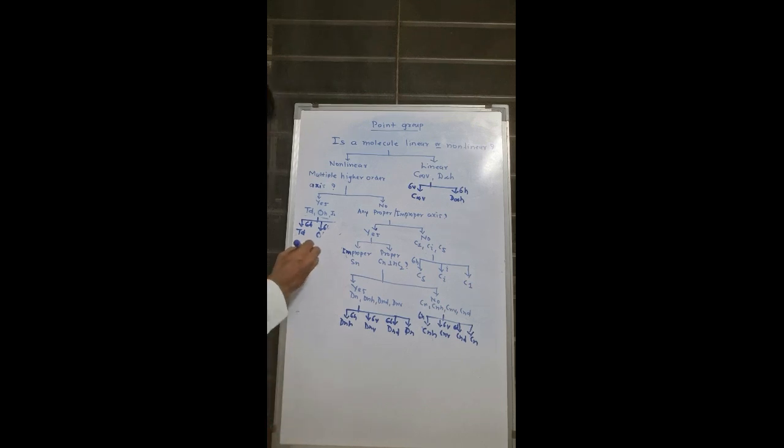Next molecule is ferrocene. It consists of two isomers, one is cis and another one is trans.